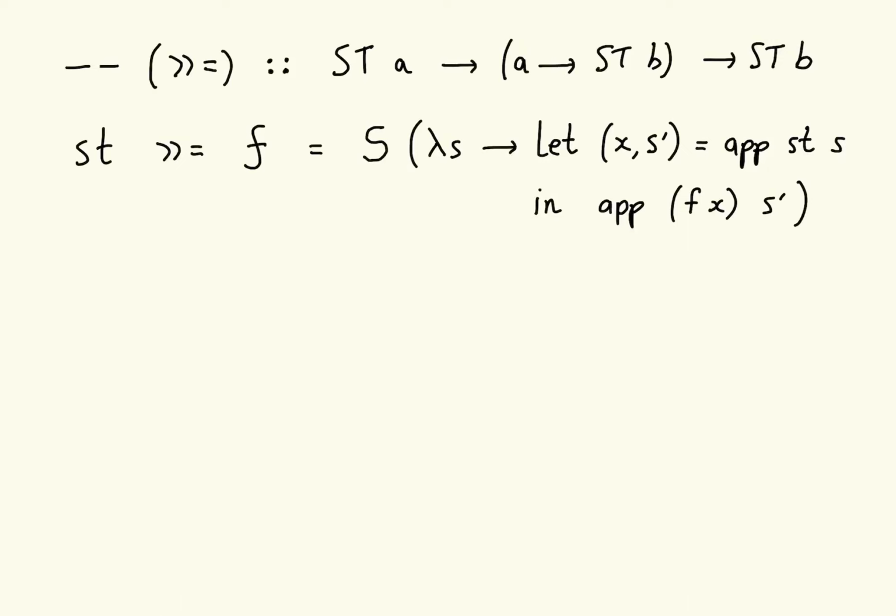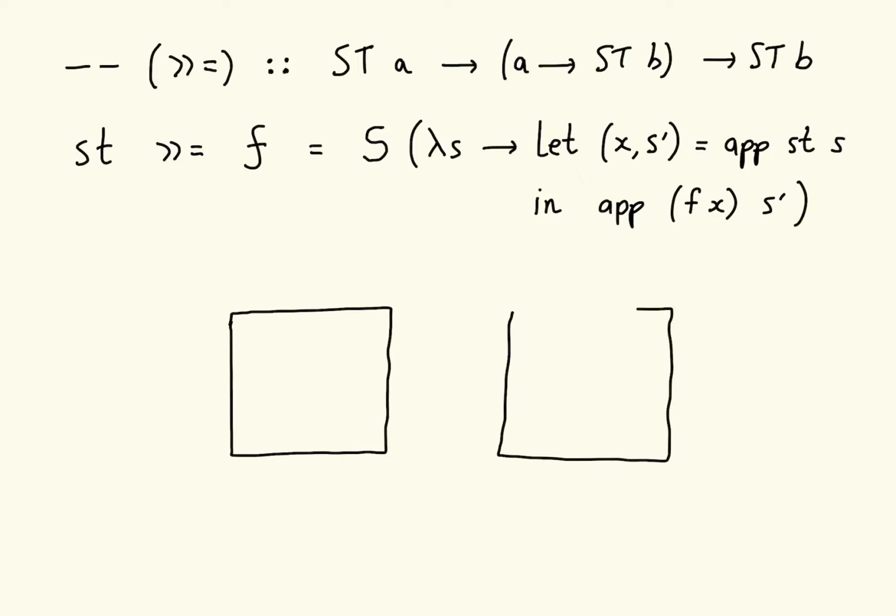And again, it's a technical little definition, but it's the obvious definition if you just track through the types. So now let's have a look at this in terms of pictures, and in particular in terms of this idea of some things being hidden below the waterline by the ST machinery. So what we have is a state transformer called ST, and we're feeding its result into a function f.